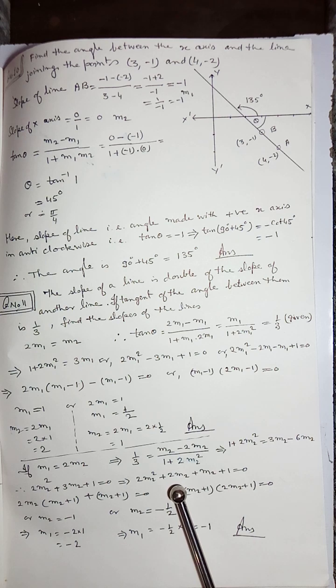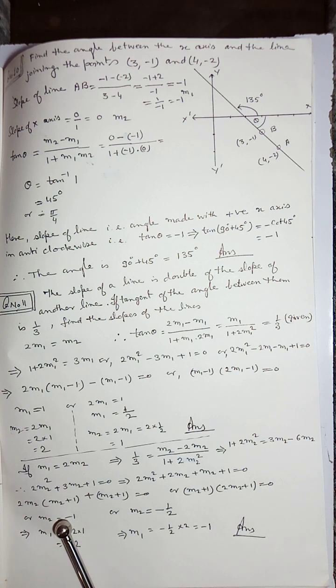I have taken twice m2 common from the first and second term. So we are getting twice m2 in bracket m2 plus 1 plus m2 plus 1 equal to 0. Now you can take out m2 plus 1 common. So we are left with twice m2 plus 1 equal to 0.